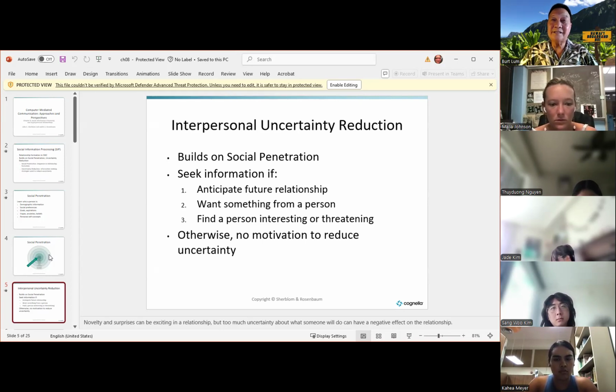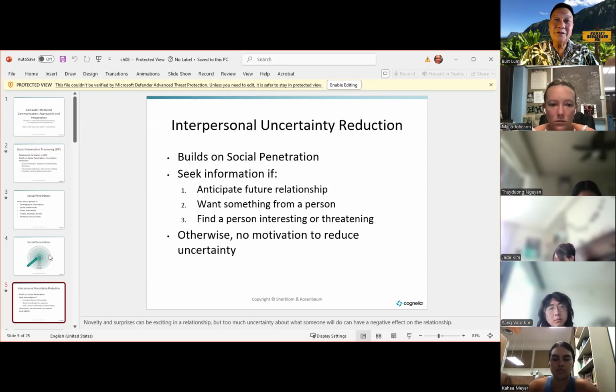So that's a decision that you make, to either pursue it or move on. So the idea that uncertainty reduction is always going to get to that inner circle is not necessarily the case with all the relationships that could potentially be fostered in meeting people.